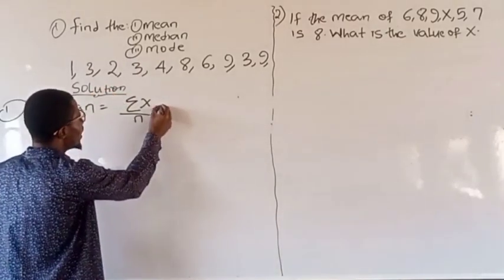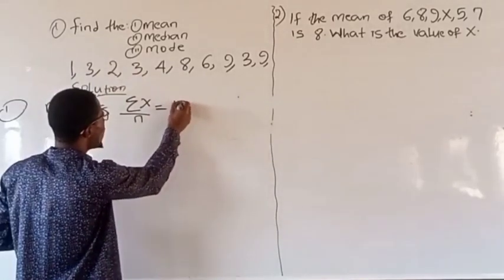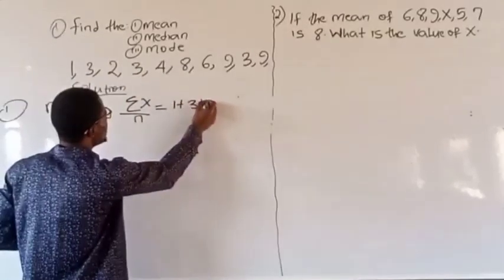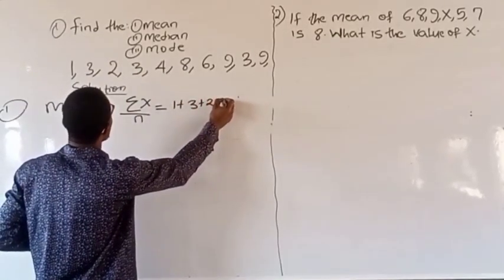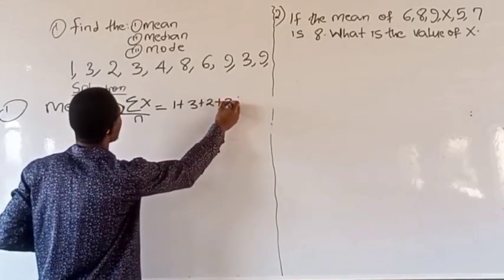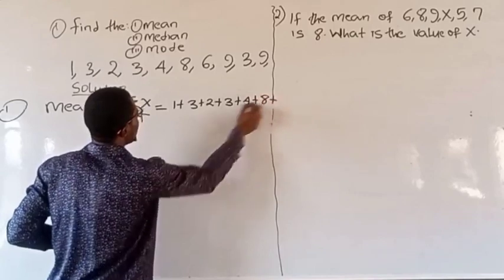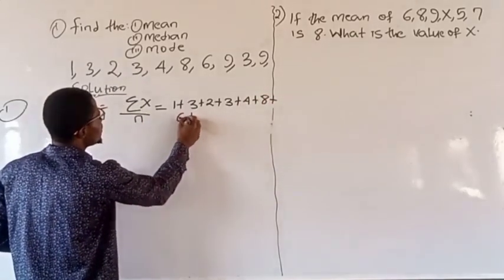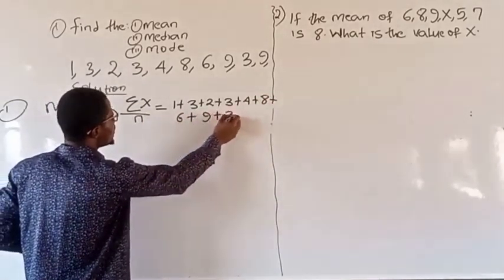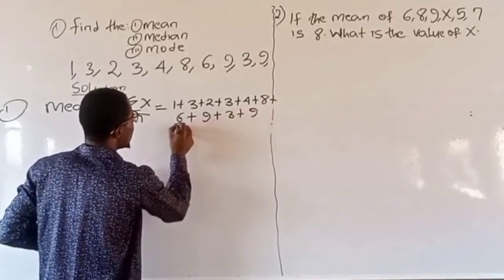So therefore, if I add all of this together, I have 1 plus 3 plus 2 plus 3 plus 4 plus 8 plus 6 plus 9 plus 3 plus 9 over.